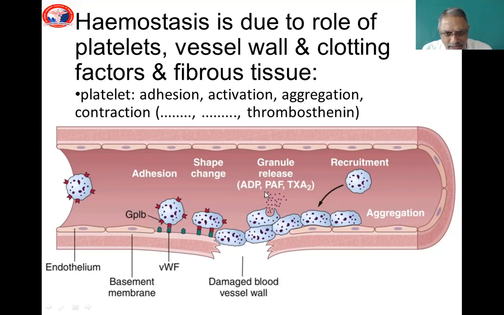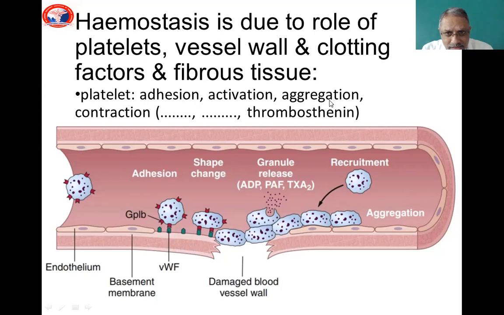It also releases thromboxane A2, which acts on smaller vessels to cause vasoconstriction. The sticky platelets cause recruitment of more platelets and aggregation. So there is adhesion, activation, and aggregation of platelets.